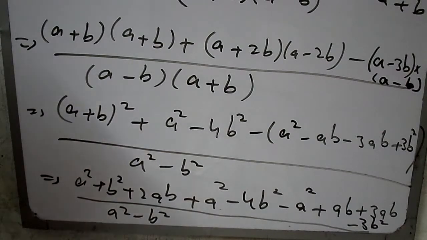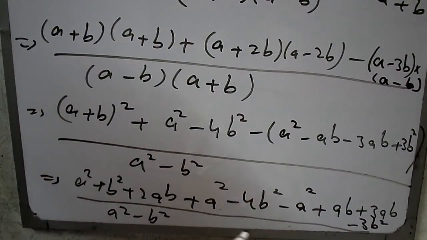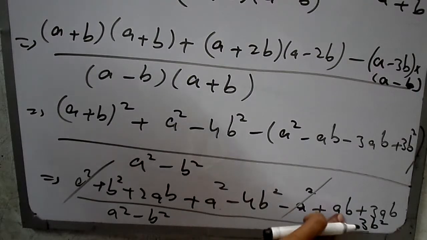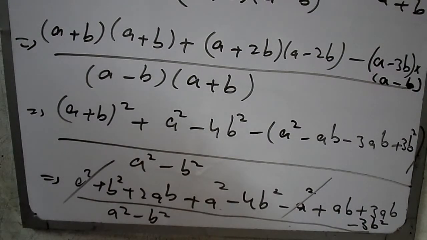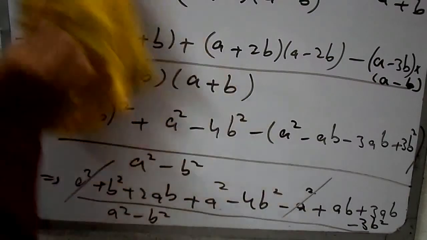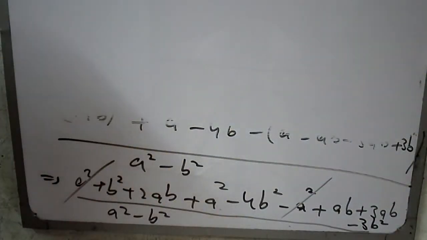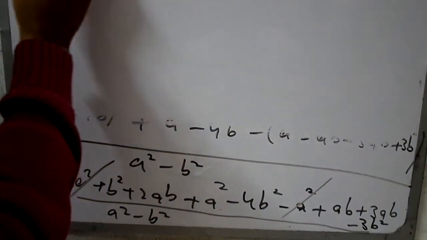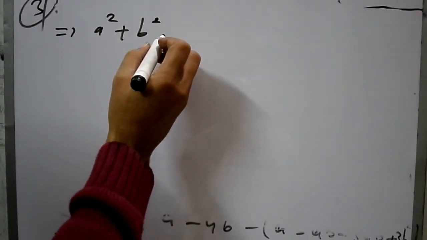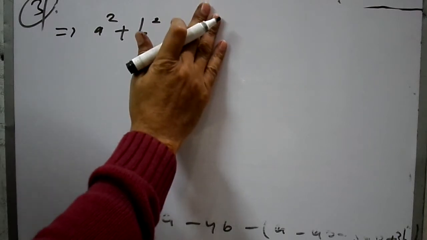So you can see the minus a square and plus a square will be cancelled. So that is your ab, 3b square, and after subtraction the similar terms will be added with each other, and so you will get a square plus b square minus a square.